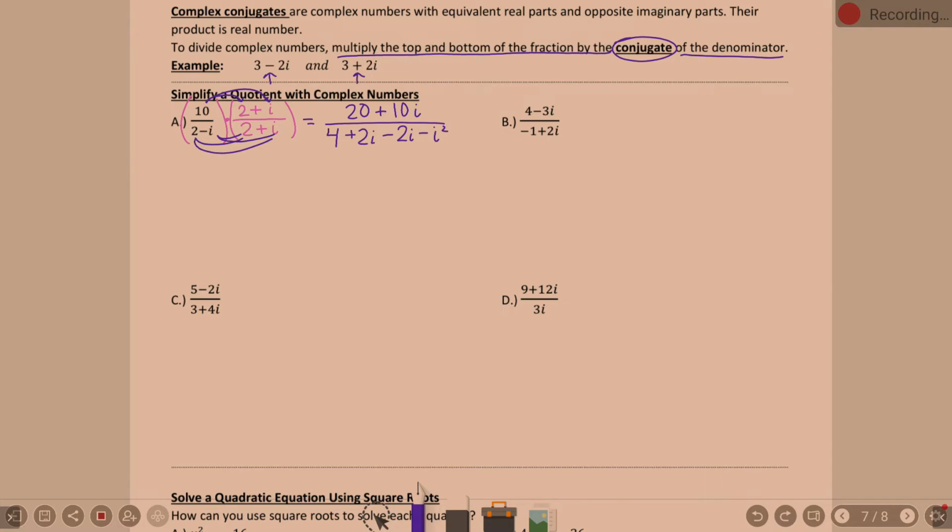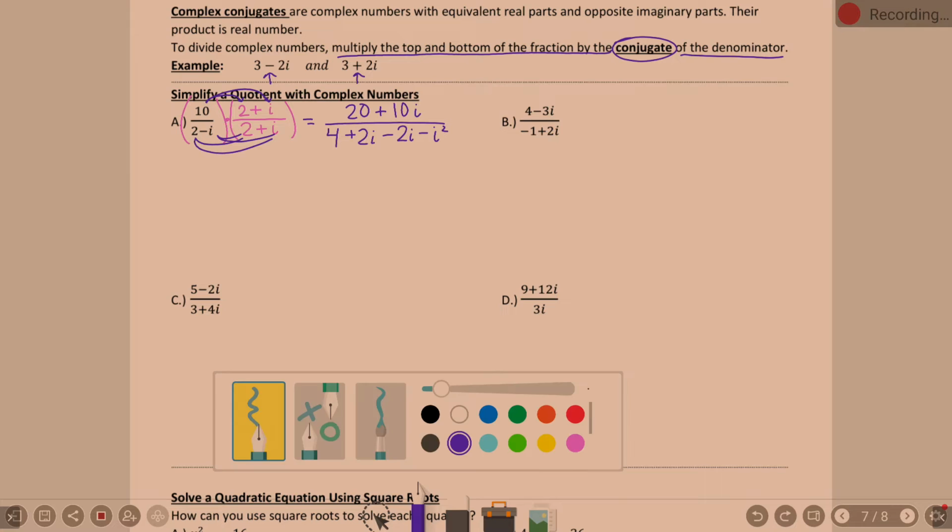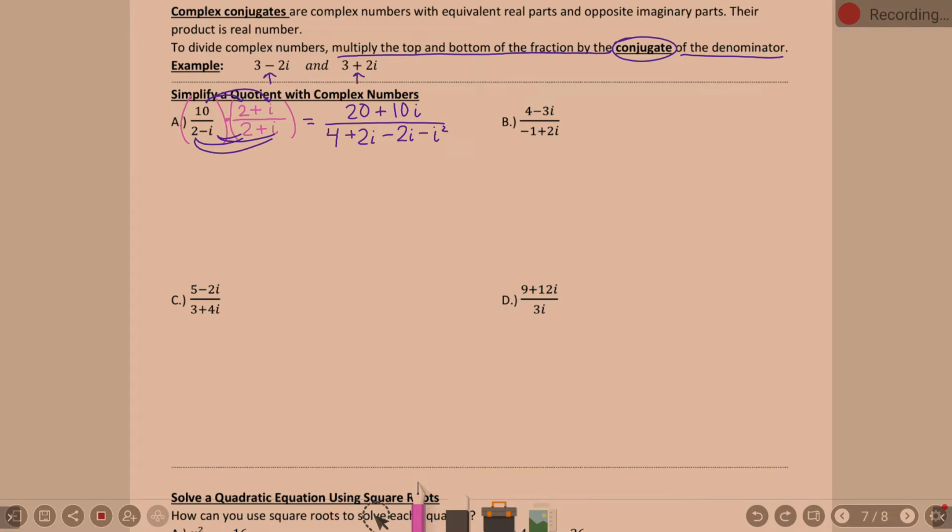From here, we're doing any cleanup we can. In this particular problem, the cleanup is going to happen in the denominator. What kind of cleanup do you see? You can combine your 2i. 2i minus 2i? 0. They cancel out, right? If these are conjugates we're multiplying, my middle terms will always cancel out. So those are gone. What about minus i squared?